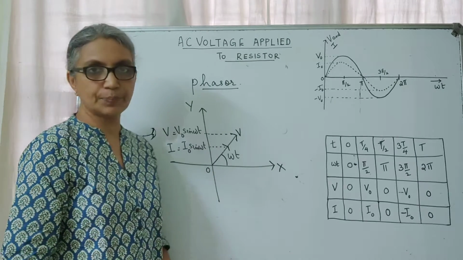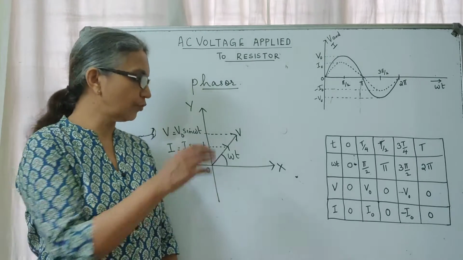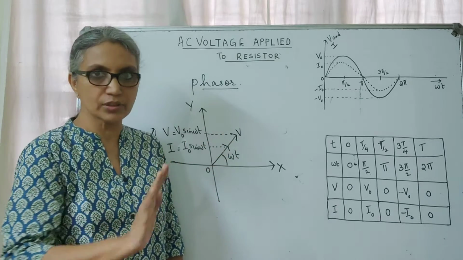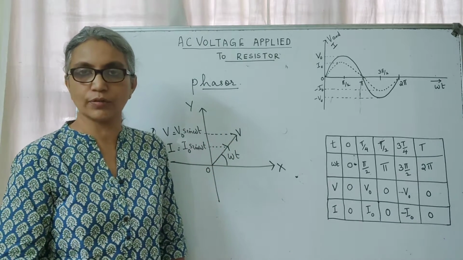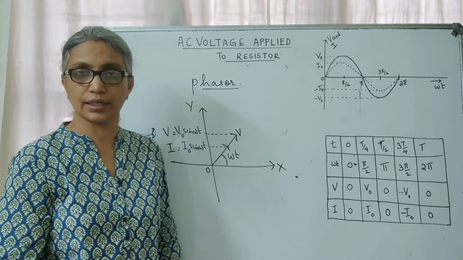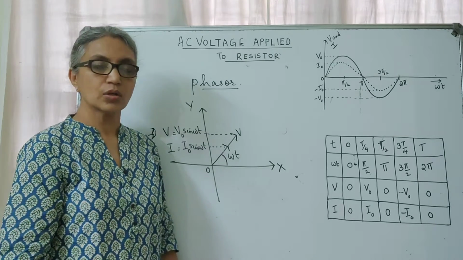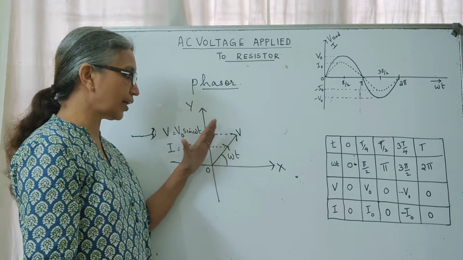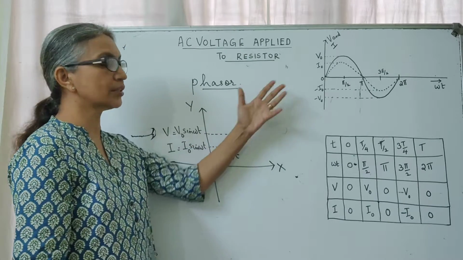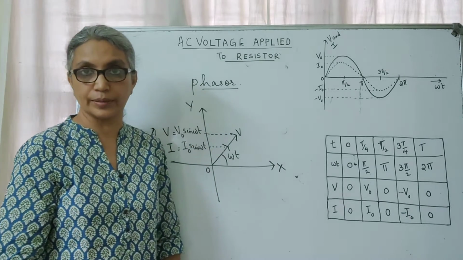Now you must also keep in mind that the voltage and current in this is not a vector, it is a scalar. As you know, voltages and currents are scalar quantities. But here we may represent them as phasors just because they vary harmonically with time.